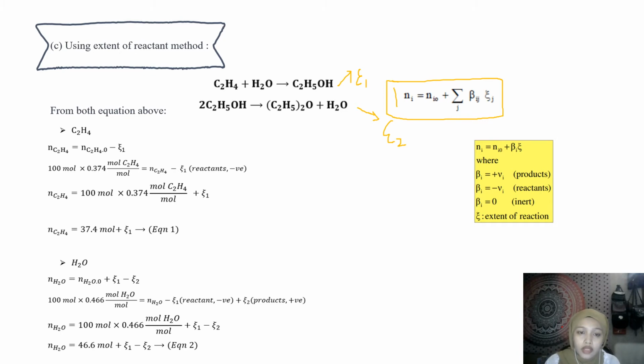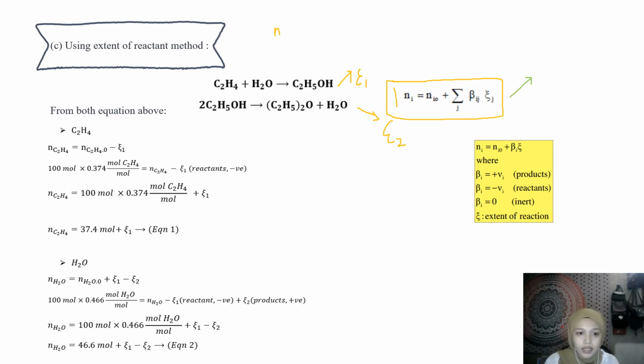Same as question B, what we need to find first is the number of mole of the ethylene, second the number of mole of the water, and third the number of mole of the inert gas at the input side. First we can find the number of mole of the ethylene by using the general equation given.